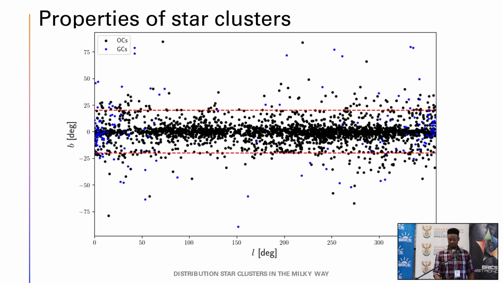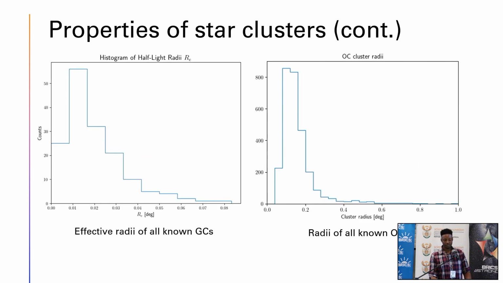This is a quick little histogram plot of some of the differences in the radii. I'm not sure if you can see the text there, but if you look at the limits of the differences in the radii, there's almost an order of magnitude difference between globular clusters, which tend to be smaller in the sky, and open clusters, which tend to be larger.